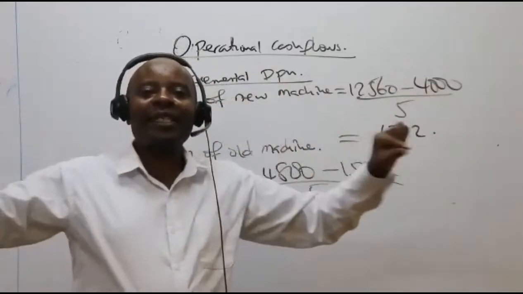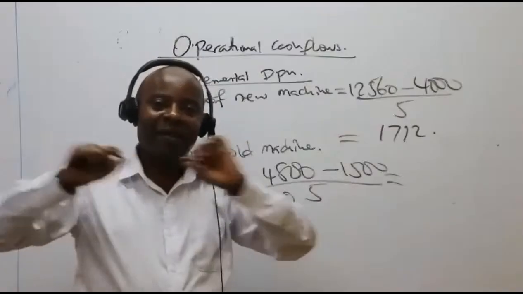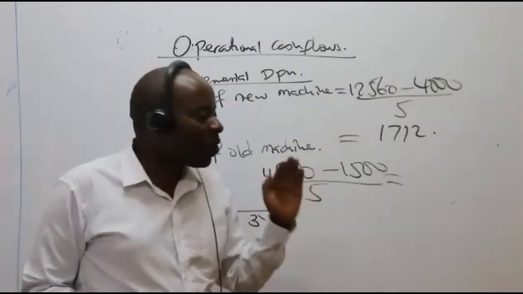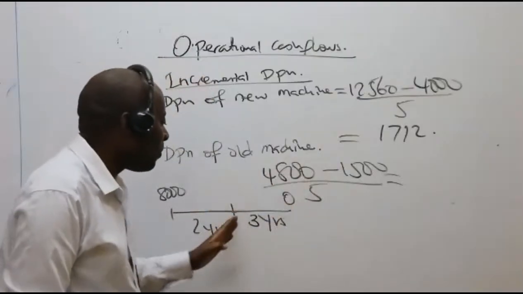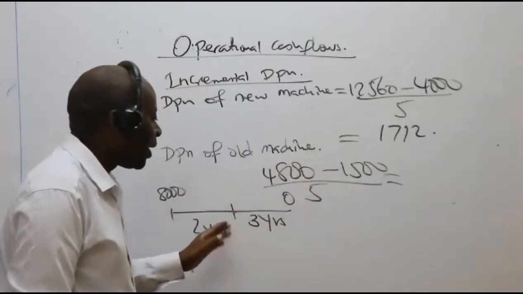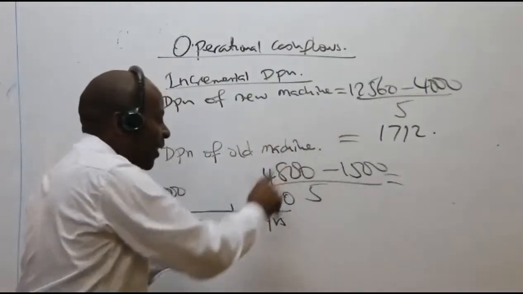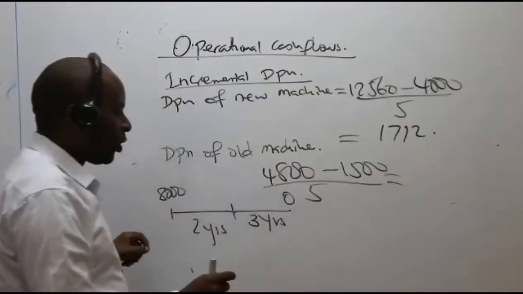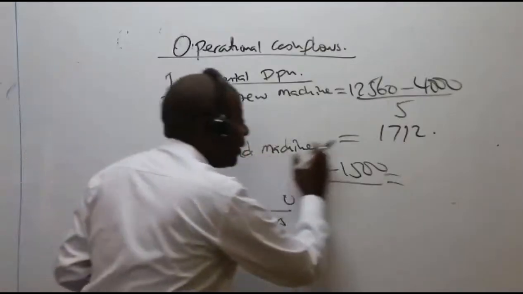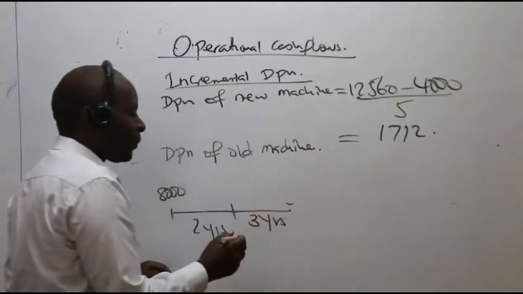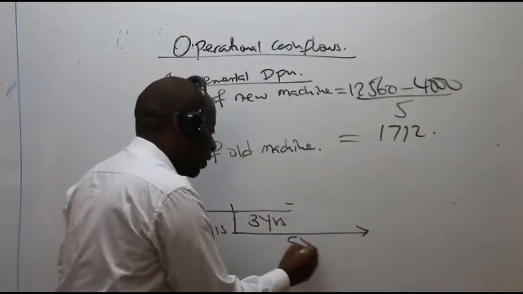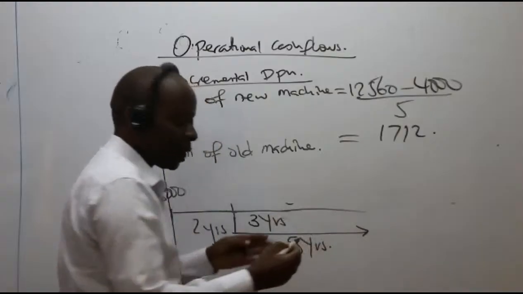The remaining period for the two machines must be identical. Because the old machine's period is 3 years instead of 5 years, we have to elongate it. We have to revalue it. So in terms of revaluing, we got to find an estimated 5 more years.